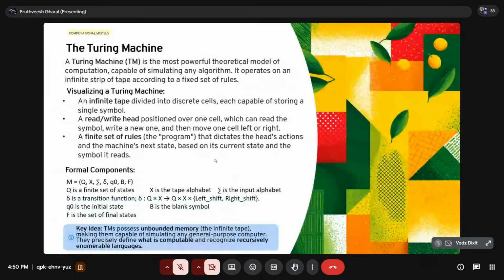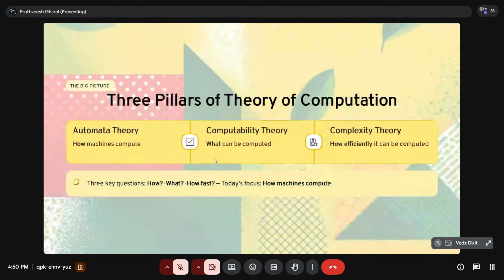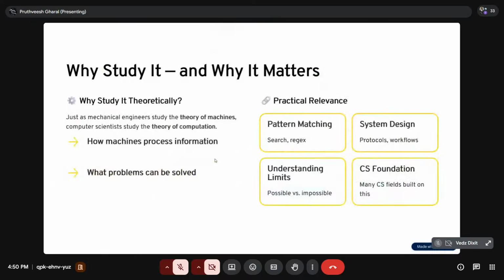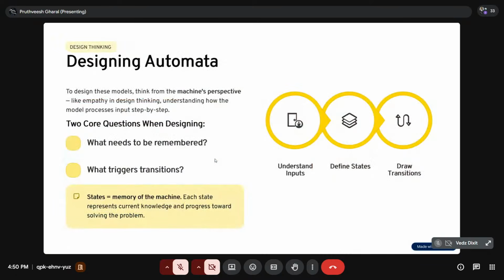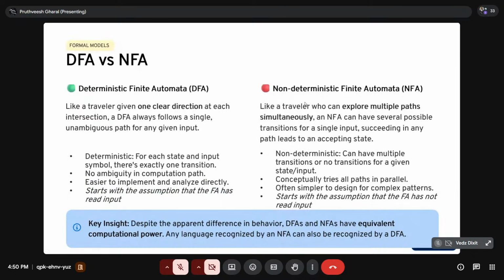Now, before we dive into Turing machines, I hope that you all understood all of the concepts we have discussed here. Let's have a quick revision. So, a finite automaton is of two types: a deterministic finite automaton and a non-deterministic finite automaton.